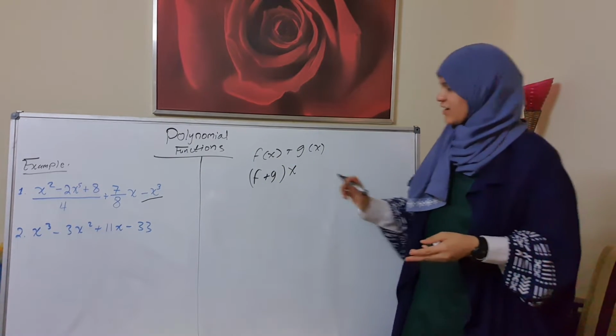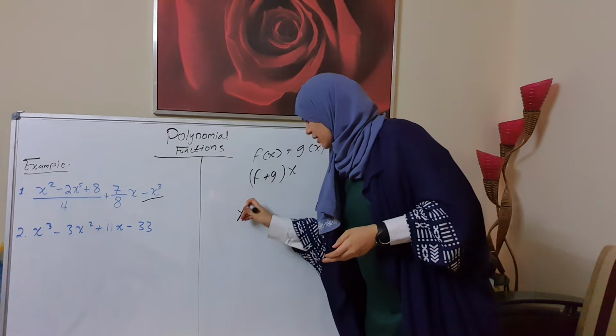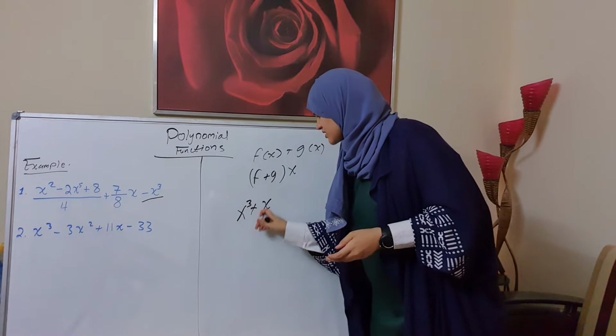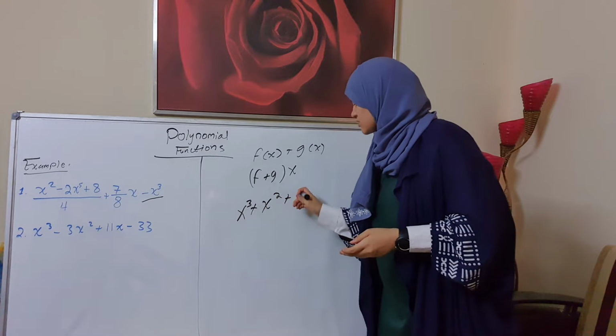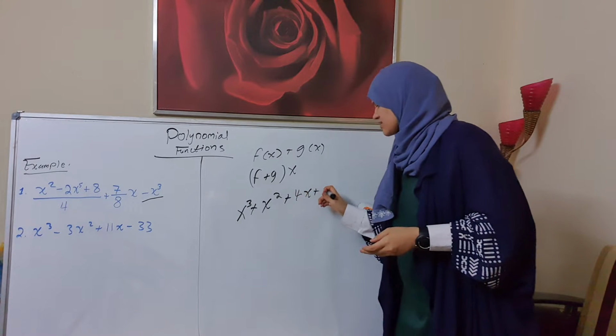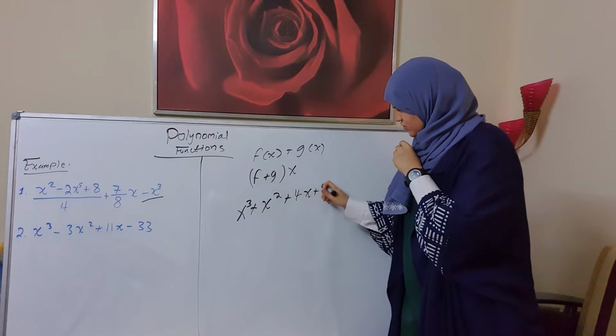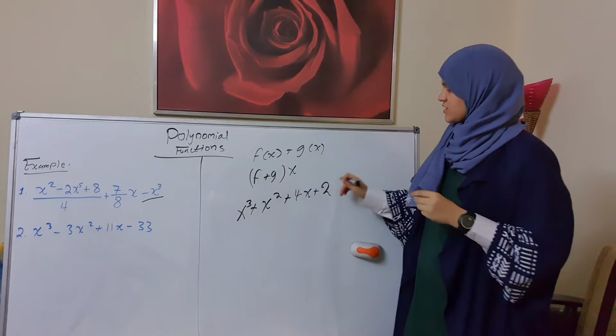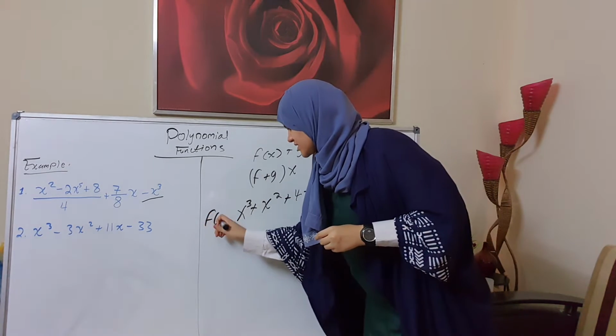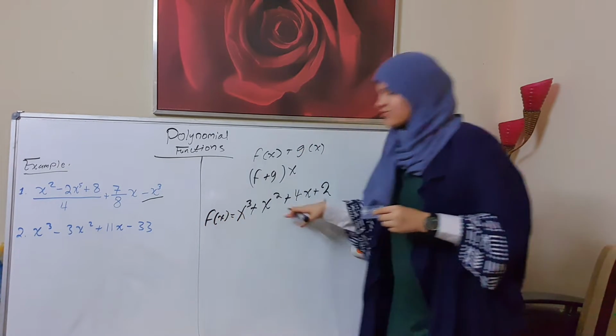For example here, if we say x to the power of 3 plus x to the power of 2 plus 4x plus 2, right? This is what? f of x. Let's say that this is f of x.